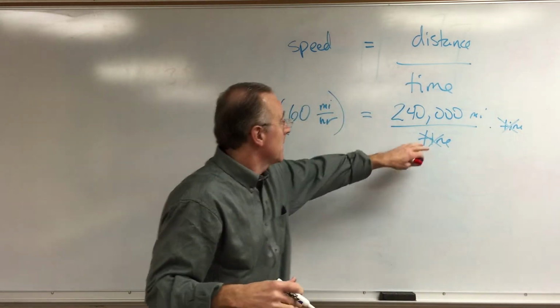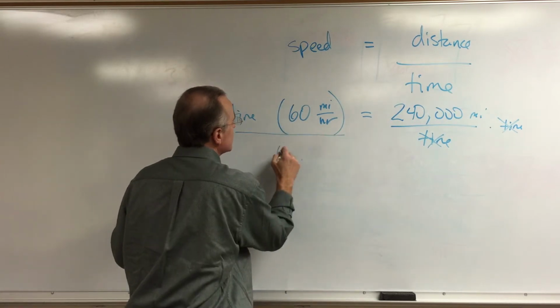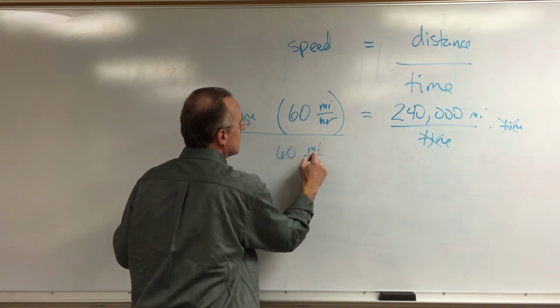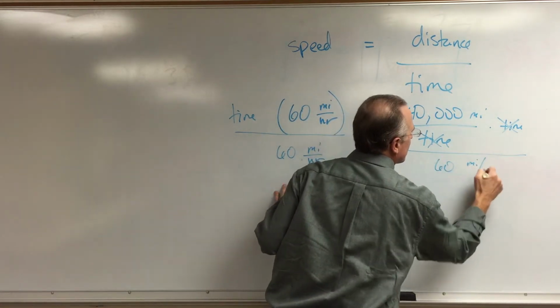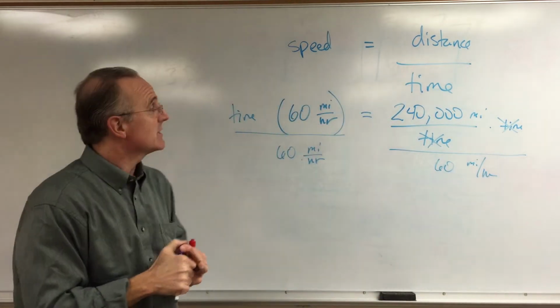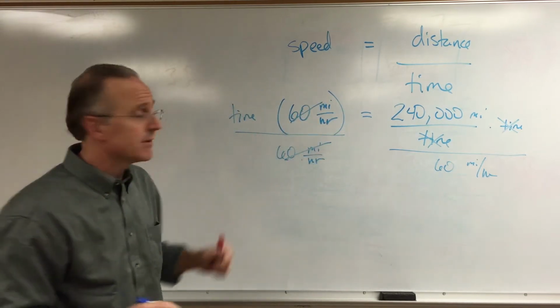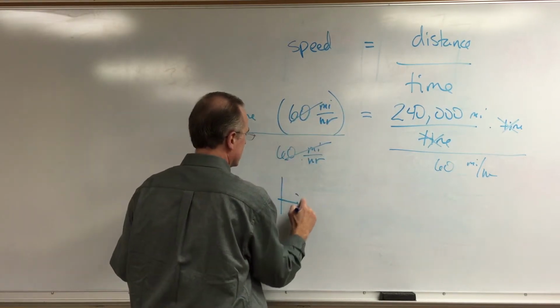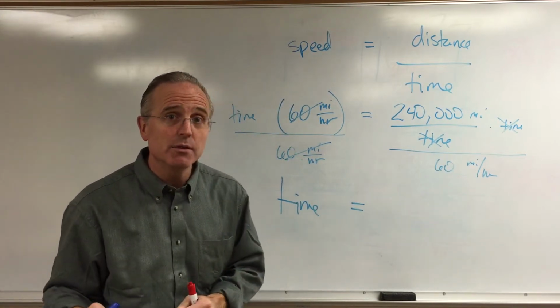That gets time out of the downstairs. Then I'm going to have to divide both sides by 60. That's going to get rid of the 60 on the left. And so finally, how long would it take me to drive to the moon if I could drive to the moon?